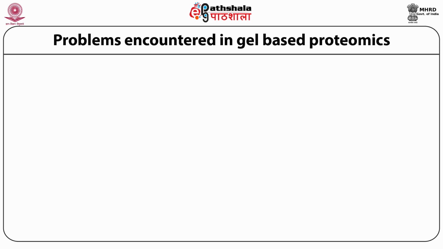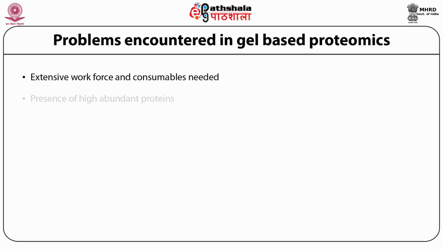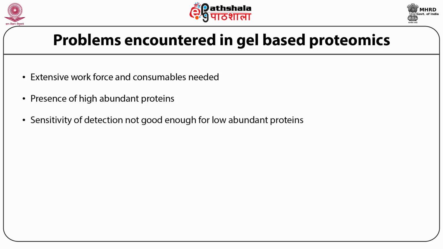They are: extensive workforce and consumables are needed; the presence of highly abundant proteins camouflages the expression and visibility of low abundant proteins; and the sensitivity of detection is sometimes not good for these low abundant proteins such as the cytokines.